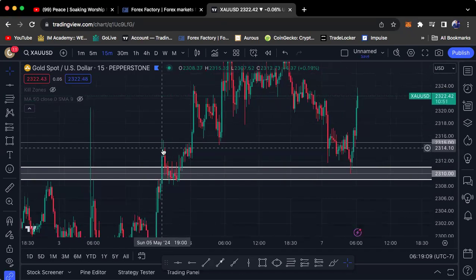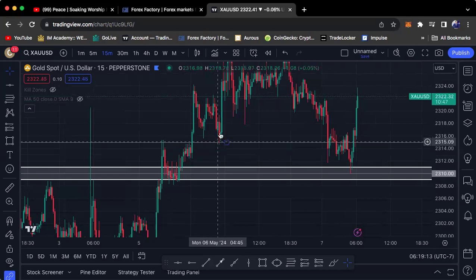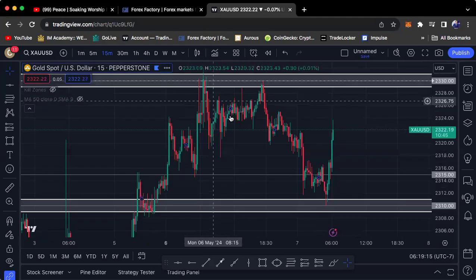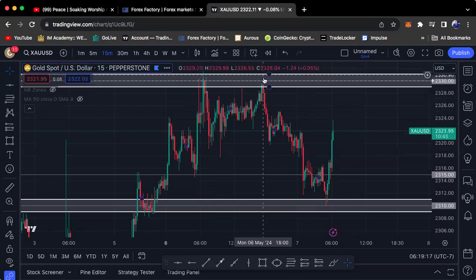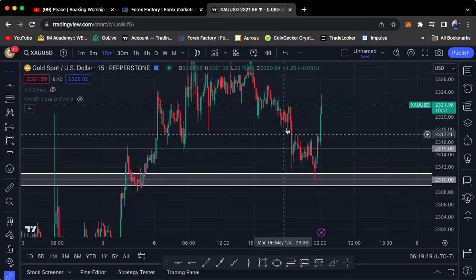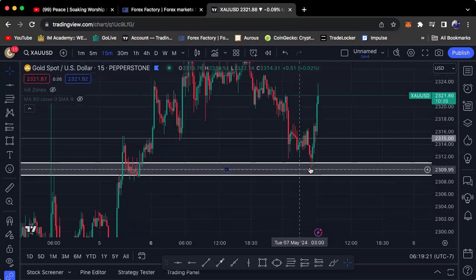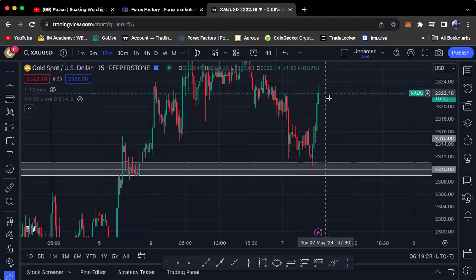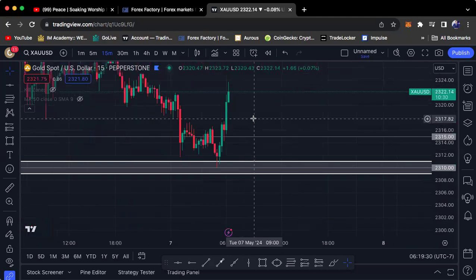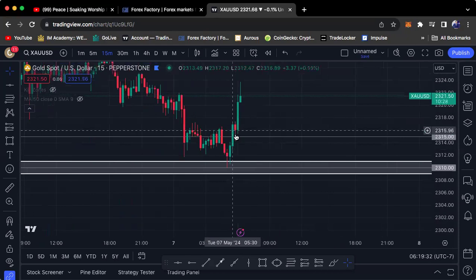And see how the 15-minute created resistance here, broke above, retested into the upside, resistance, came back down, broke below, support, resistance, broke above, retested, and went towards the upside. Now it created a support here.